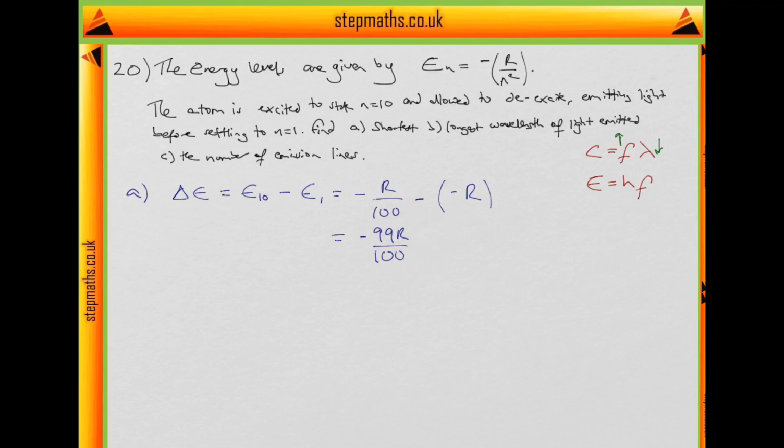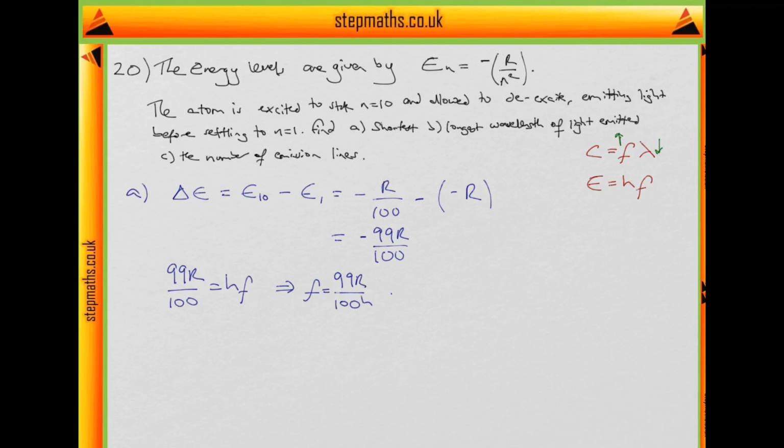We know from here that E equals hf, and we're told we can leave things in terms of Planck's constant. So 99R over 100 must be equal to Planck's constant times its frequency. This tells us that the frequency of the photon is equal to 99R over 100h.